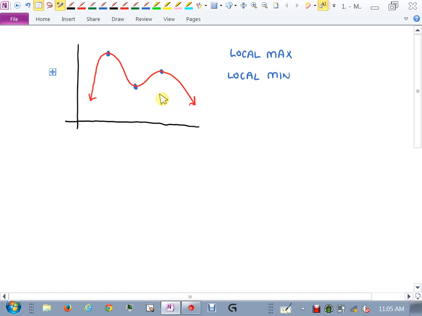So the way that we found these in Cal 1 is we employed what was called the second derivative test.